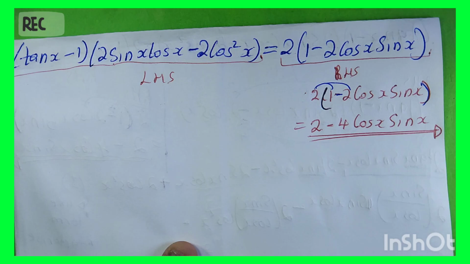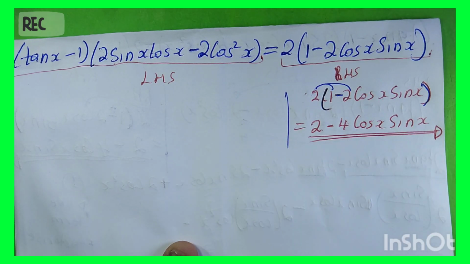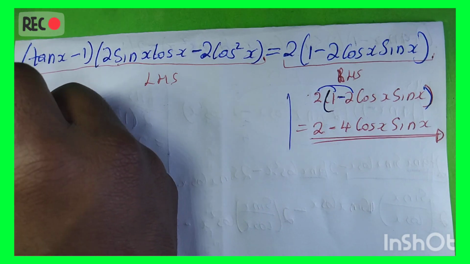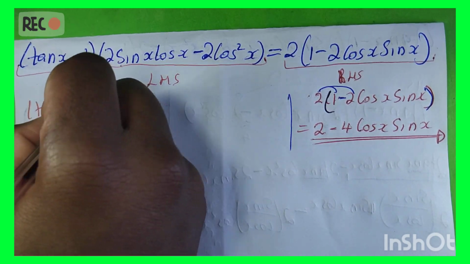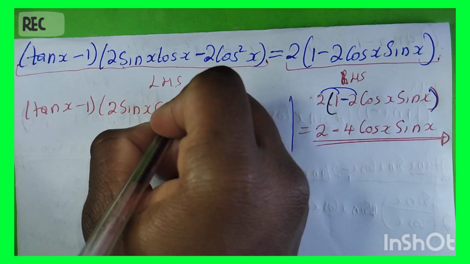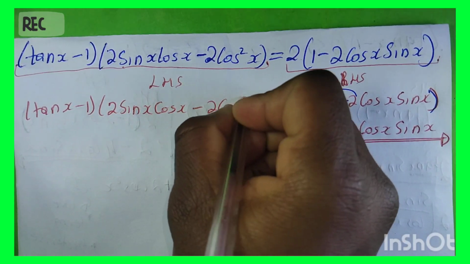But when it comes to the left hand side, there is a lot to do here. Let's take this the way it is first, which is sin x cos x minus cos x.